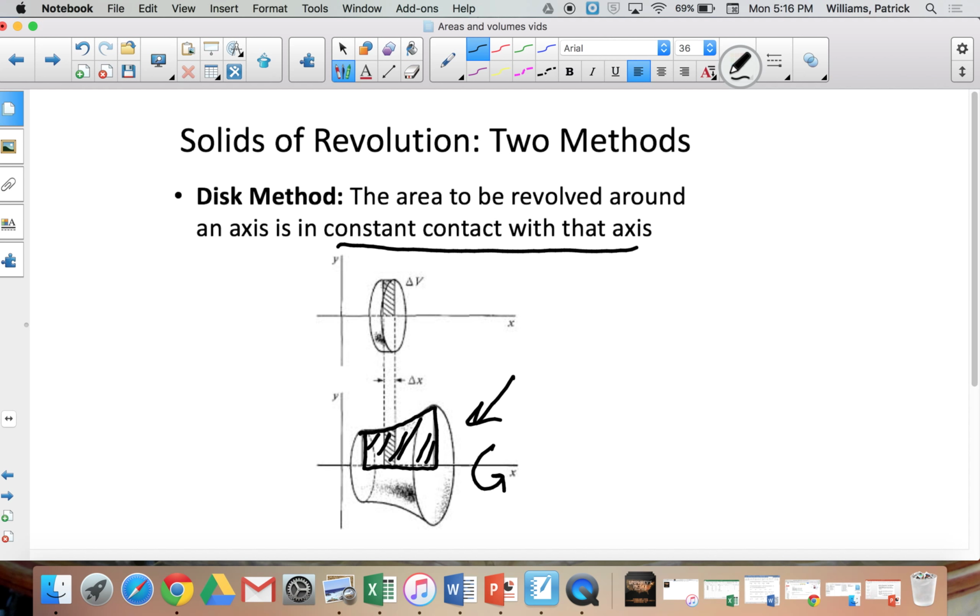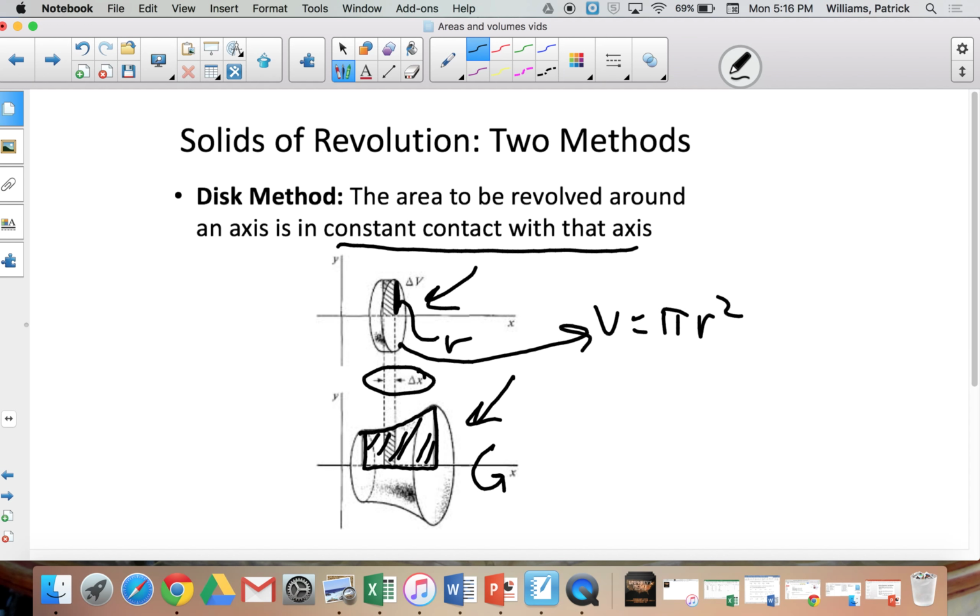And then what we do to figure out the volume is we do another volume by slicing method. Remember, this is kind of like a slice. This slice is going to have a particular radius. If we want to find the volume of this particular slice right here, that volume will be the area of that cross section, which will be pi r squared, times the thickness delta x.